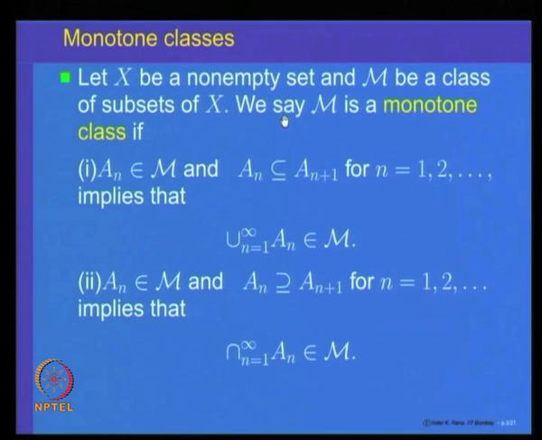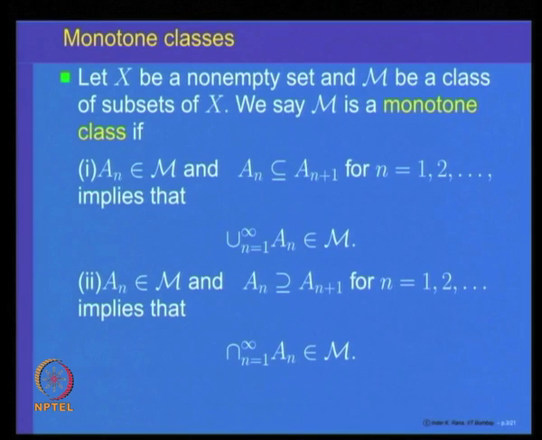This class M of subsets of X is closed under monotone sequences. Whenever a sequence A n is increasing in M, their union belongs to M, and whenever a sequence A n is decreasing in M, then their intersection also belongs to M. Such a collection of subsets of a set X is called a monotone class.